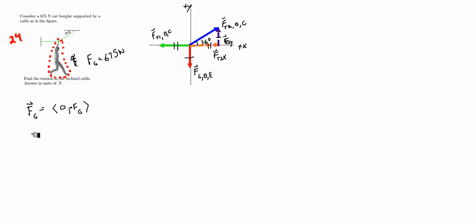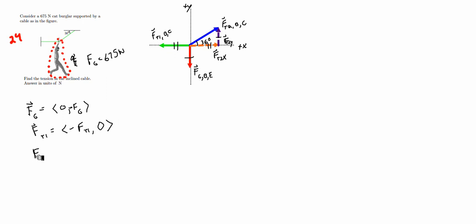And then we have the first tension here. That is completely horizontal, so this is going to be negative FT1, comma 0. There's no y component.